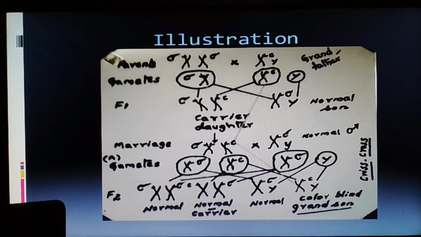Now here you see there are two X chromosomes in a mother, and it stands for capital C, capital C. Simply a long line is given to differentiate it from small c. So assume it is a normal female carrying normal genes on the X chromosome.